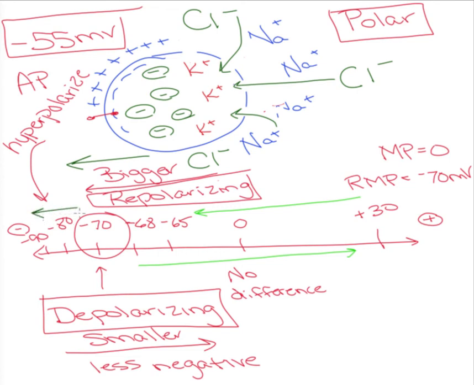It's going to take it further away from being the same on both sides. Further away also from our magic negative 55 threshold. So a chloride ion is going to be an inhibitory ion. If you have a neurotransmitter that opens chloride channels, it's actually going to stop this cell from moving towards threshold and sending an action potential.